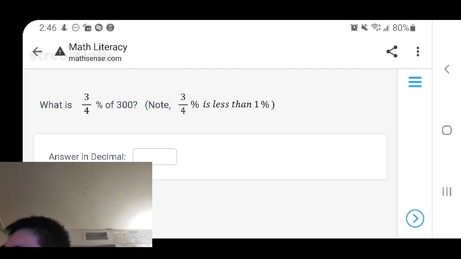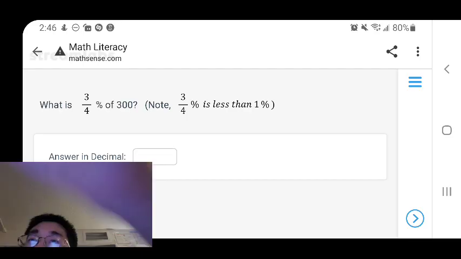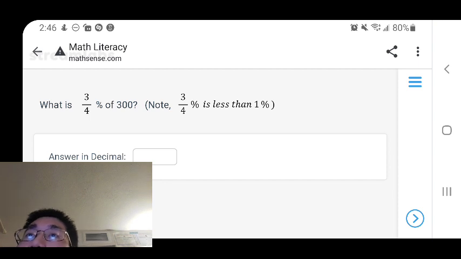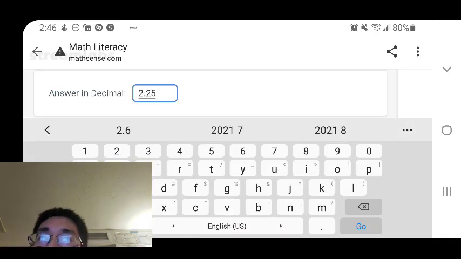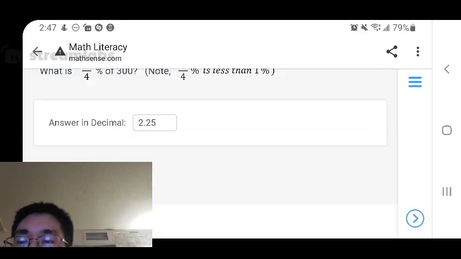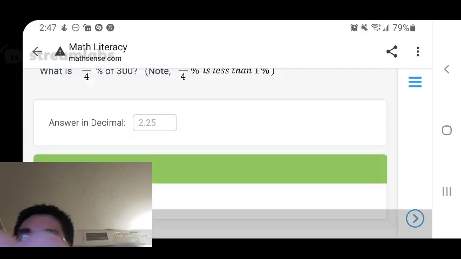Doing it in my head, because 4 times 2 is 8, 0.25 times 4 is 1, so 8 plus 1 is 9. That's my way of getting it. But you can also do 0.075 times 300. Cool.